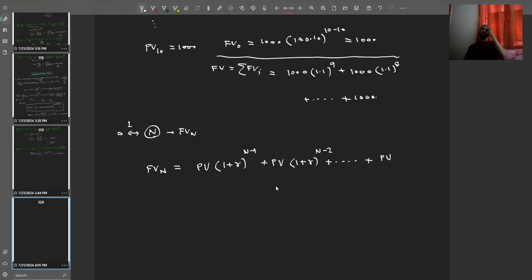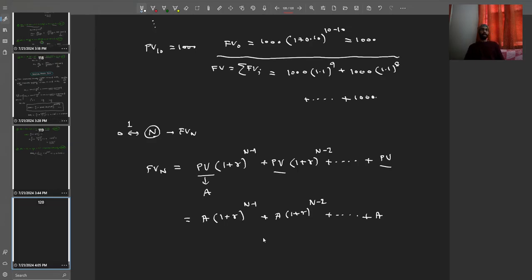We are assuming all these periodic investments are the same in amount. Let's call it A. So this becomes A into (1 plus R) to the n minus 1, plus A into (1 plus R) to the n minus 2, and so on, plus A.